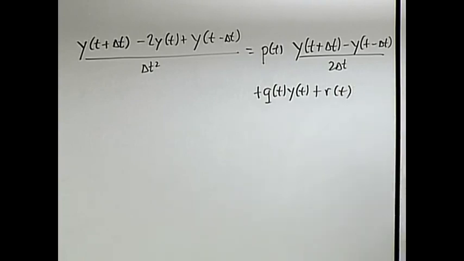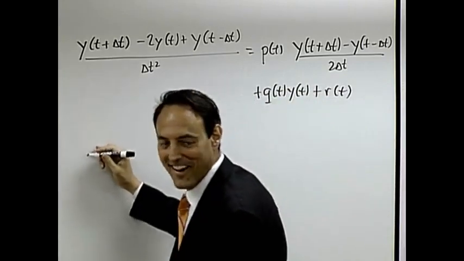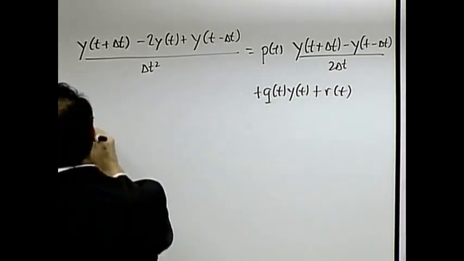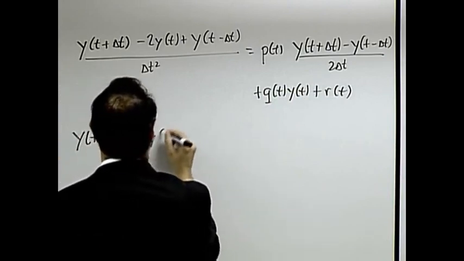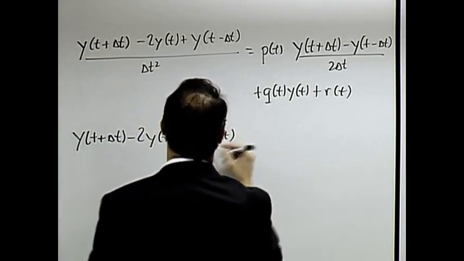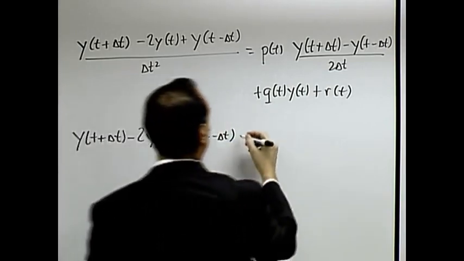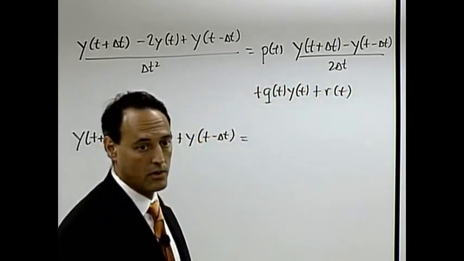Now, do you guys hate it when I do this if I just start erasing? All right, so I'll write the whole thing out. All right, multiply by delta t squared. What do you get? On the left side, the delta t squared cancels off one of those, right?